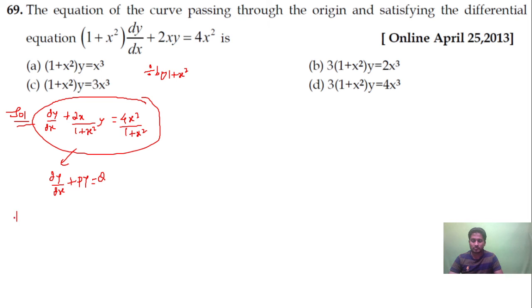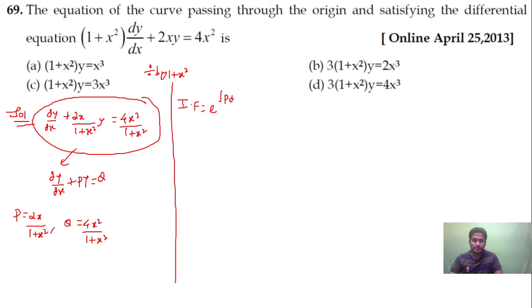Now p is equal to 2x upon 1 plus x square and q is equal to 4x square upon 1 plus x square. Now integrating factor will be e to the power of integral p dx. You differentiate the denominator, you get the numerator. This can be written as log of the denominator. e to the power of log x is x, that is equal to 1 plus x square.